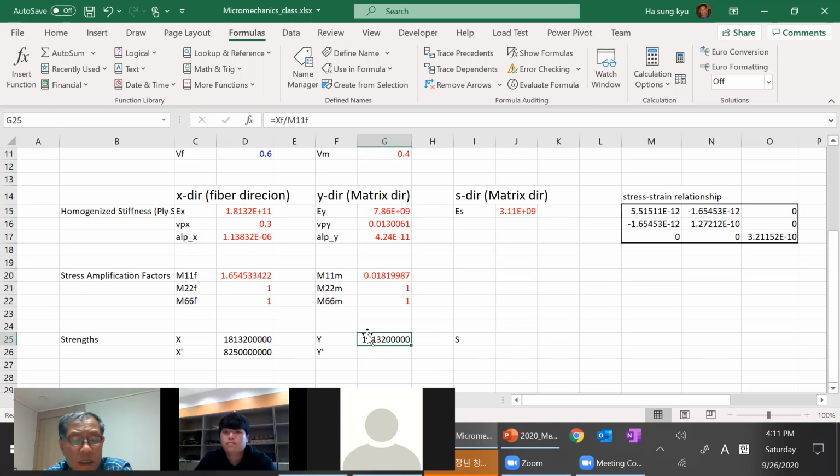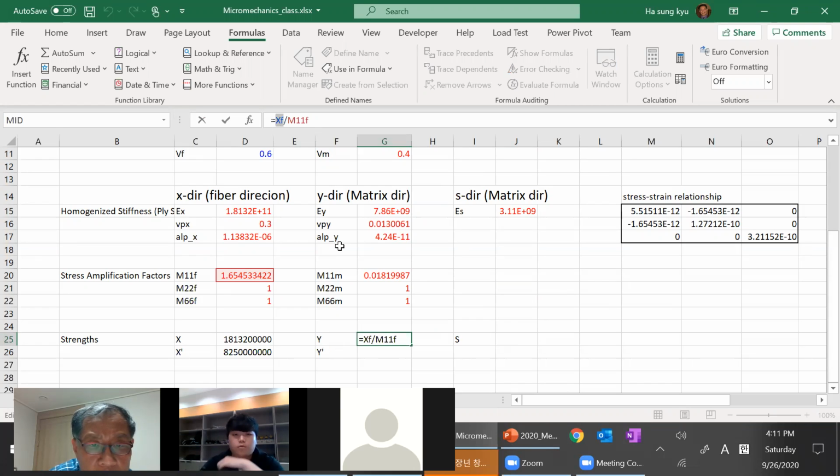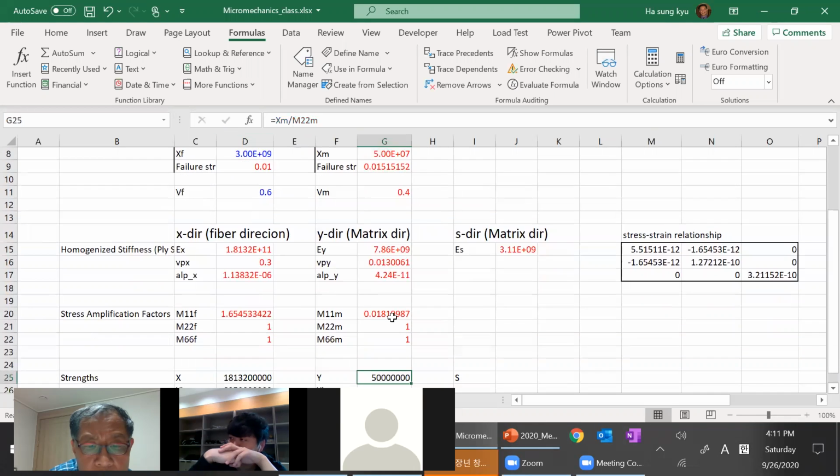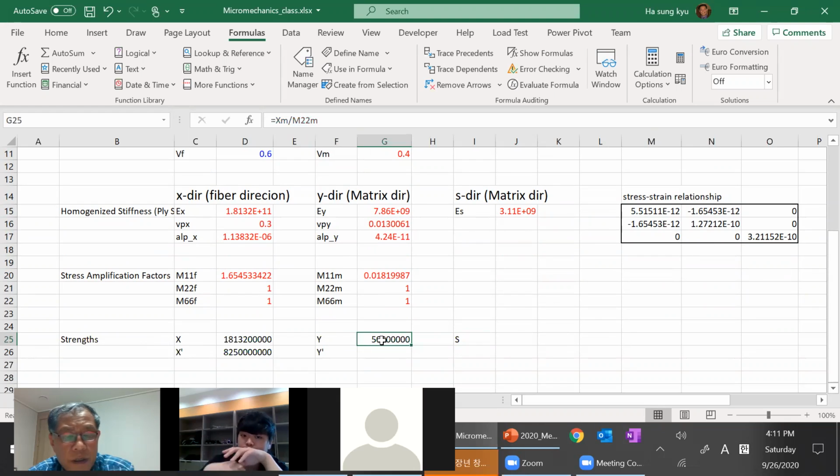Right, so this one now for when the ply fails, when sigma y reaches. So instead of that, we use xm divided by x2 m, right? And shear is the same.